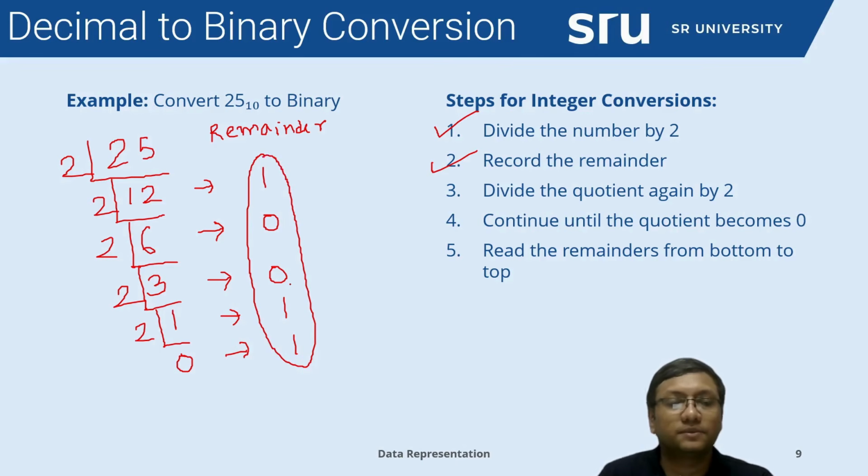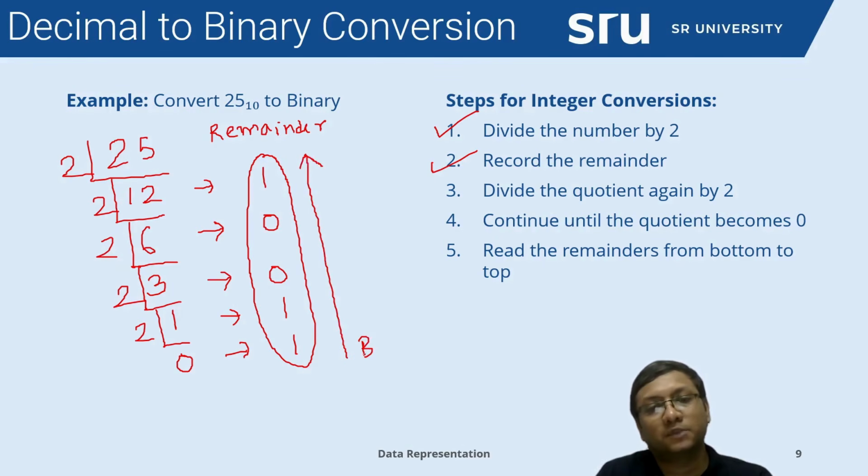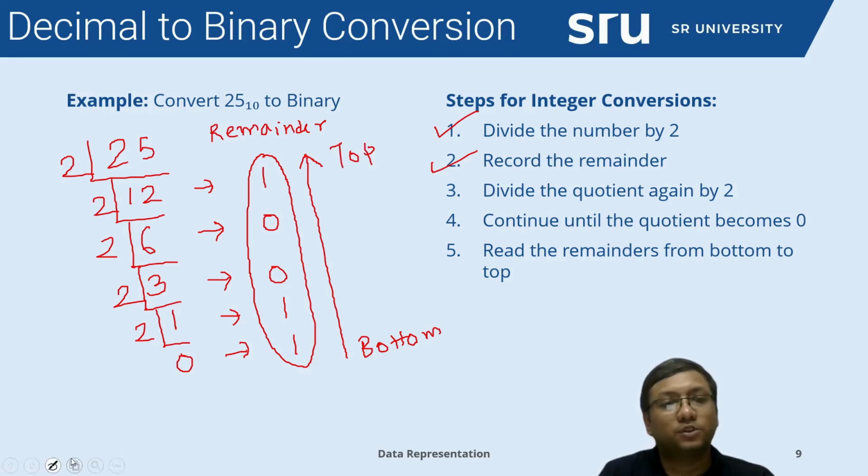Now what to do? This step is very crucial. Now I need to keep a record of all remainders from bottom to top in this direction. Please remember this direction, bottom to top. So if I go bottom to top, the number is 11001.